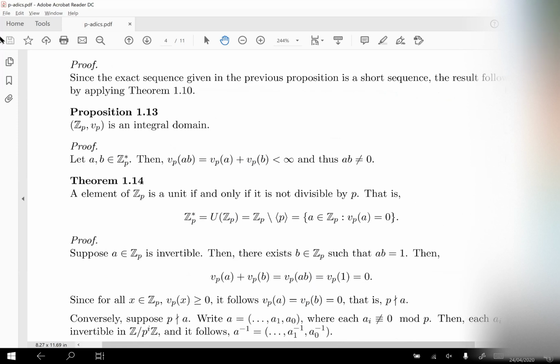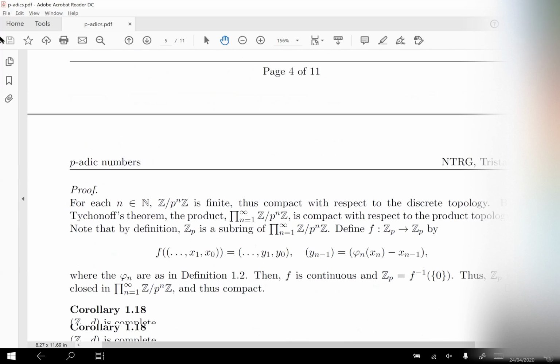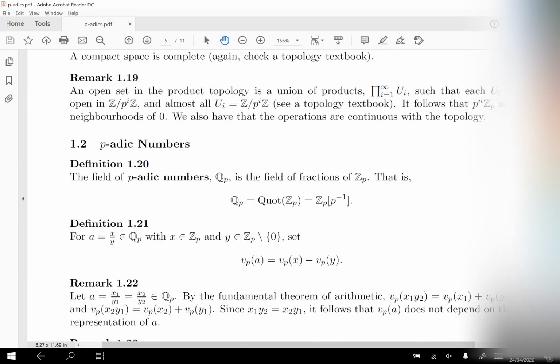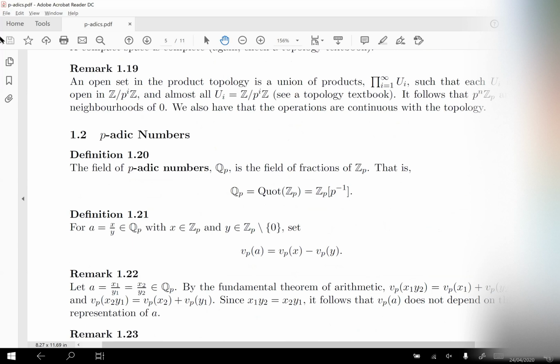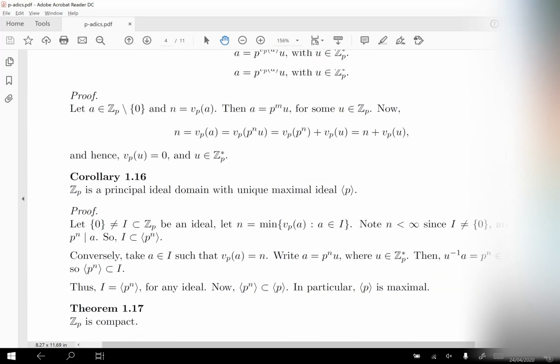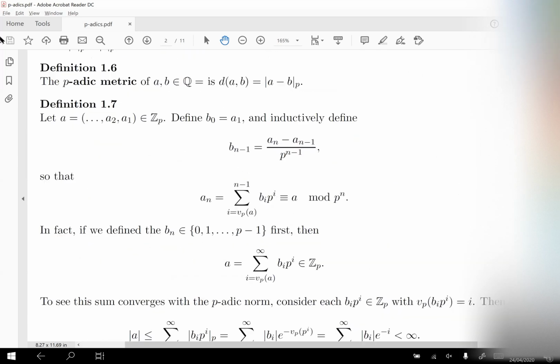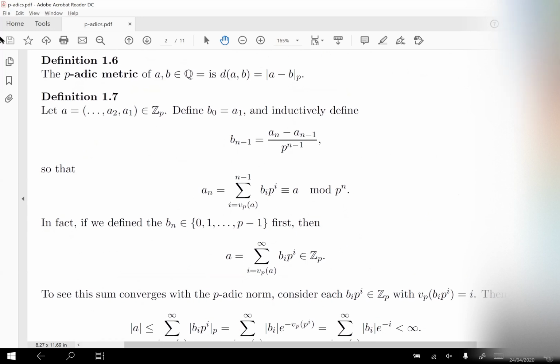So if I scroll down to this note here, somewhere here, oh, 1.7 is it? Right here. So we can inductively define. I've written here, we have something in here, right?